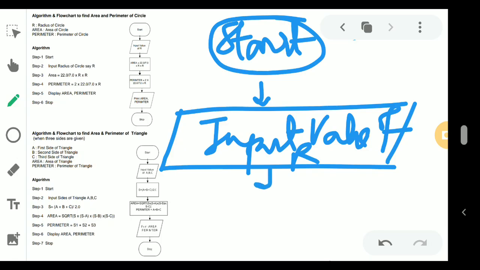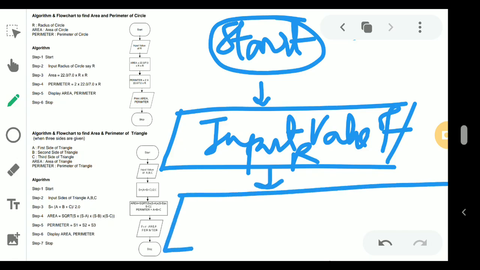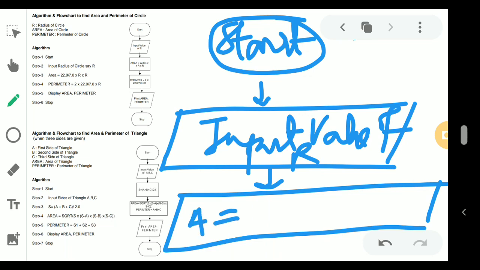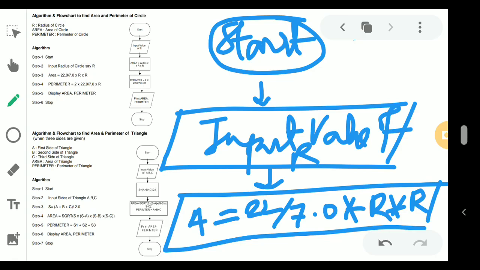Next, to calculate the area value, I am declaring A as a variable. The formula is area for pi r square, so pi value 22 by 7 into r into r. It is done.